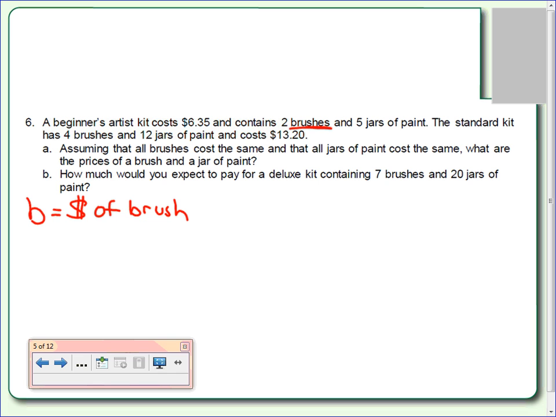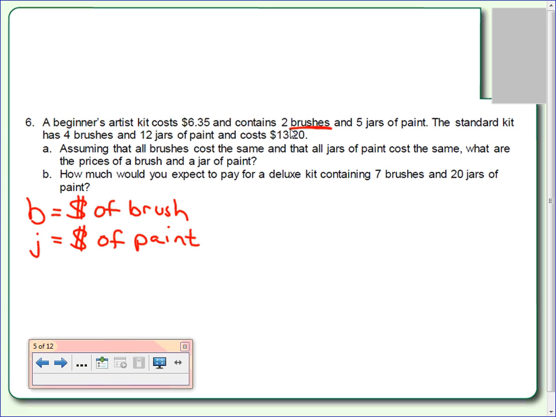And J, for jar of paint, is going to represent the cost of the jar of paint. So I've got my variables, I know what they represent, and now I'm ready to start writing some equations.